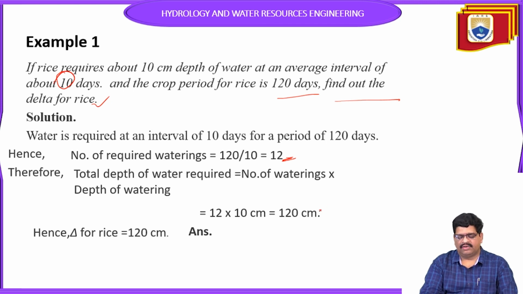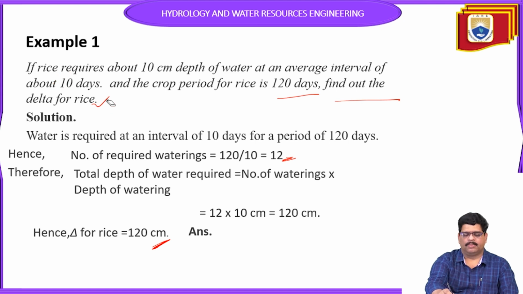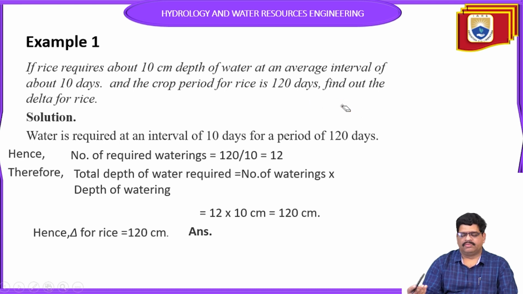Hence the delta for the rice is 120 centimeters. This is a very important problem in irrigation. It is asked in examinations, and every time it will be given to us.